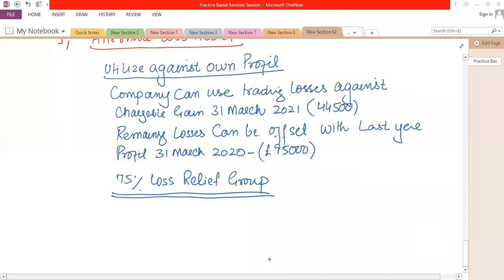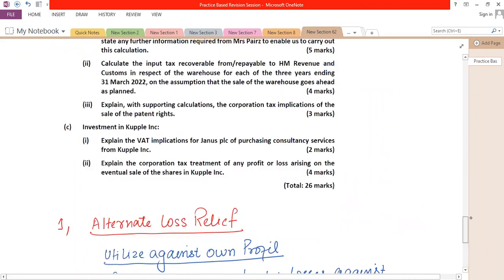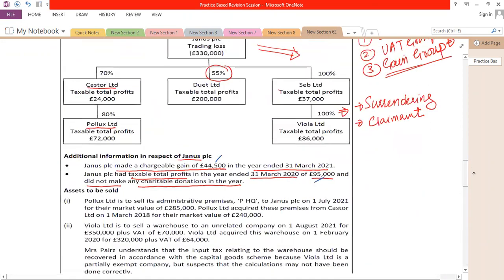So Janus PLC and what other companies we have?